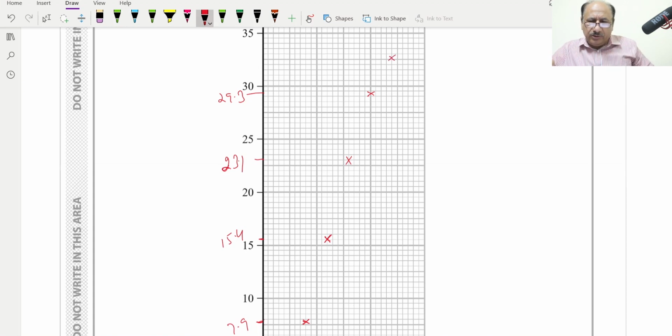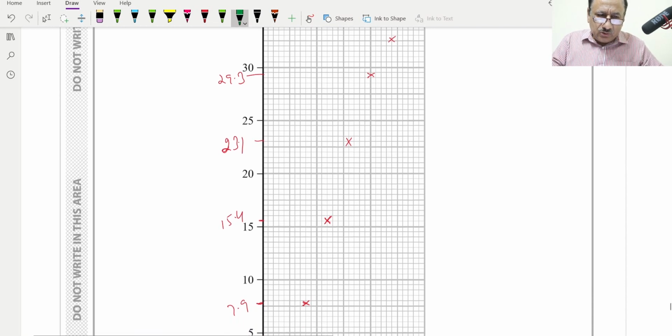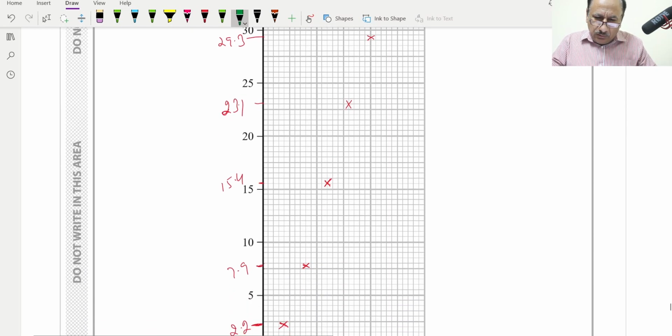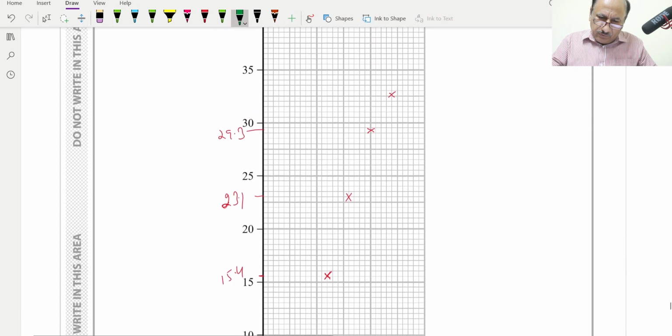32.6 will be over here. So we are done with this plot, this one marking section. So we'll have to draw the smoother curve. For the smoother curve, I will try to draw as smooth as possible.